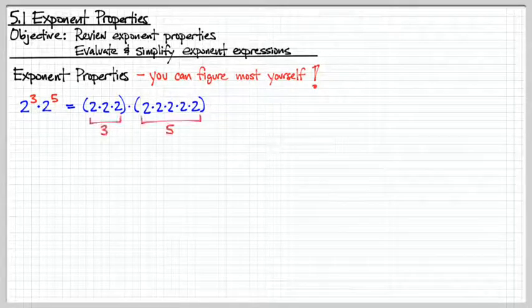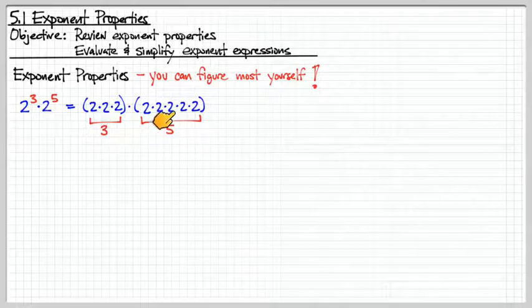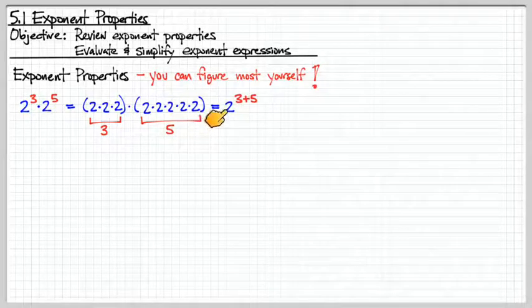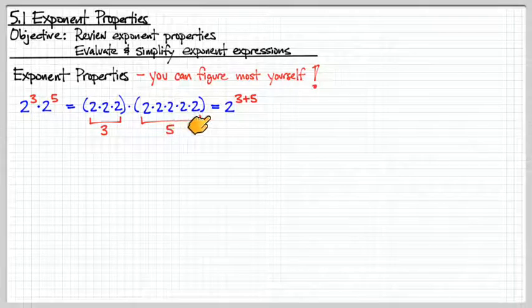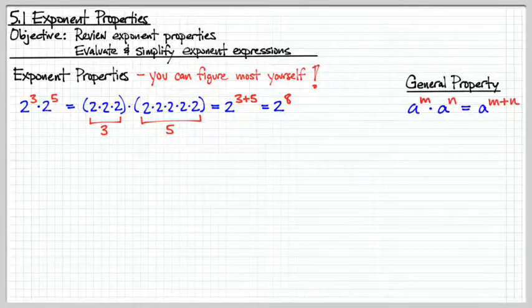And if we count them all up together, we have 3 of these, we have 5 of these, and now we can bring this together into one exponent term, 2 to the 3 plus 5, because we have 8 2's all together, and now this becomes 2 to the 8th power. So we can generalize this into a property that when we have two exponent terms of the same base, we can add the exponents together.